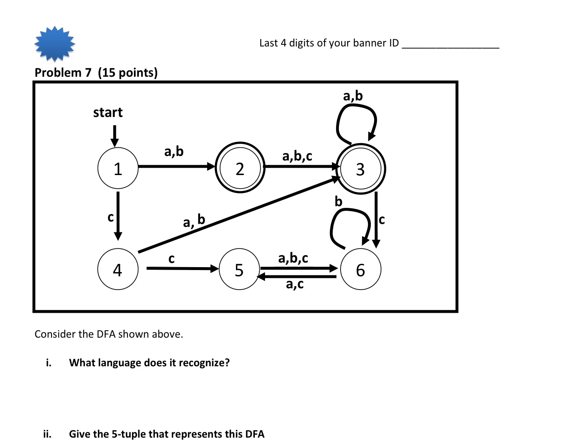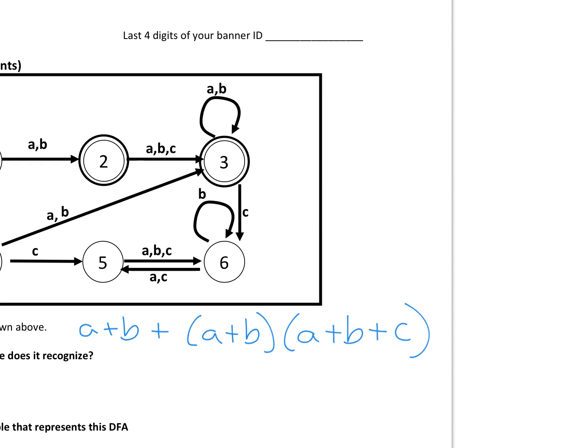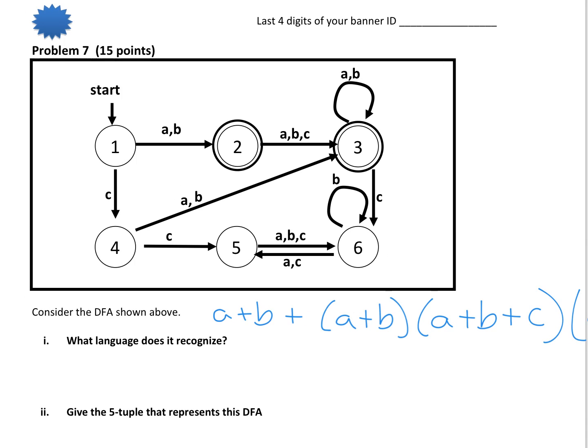It accepts an A or B followed by A, B, or C, and then that can be followed by as many A's and B's as we want, right? So that's this first path.